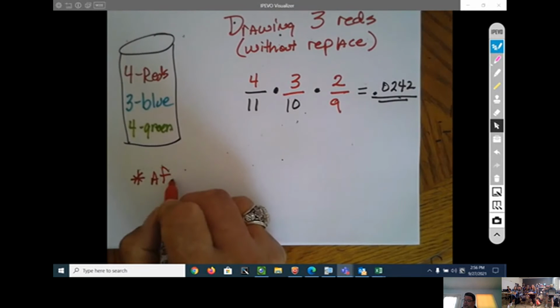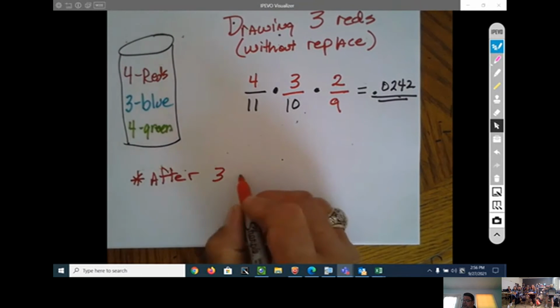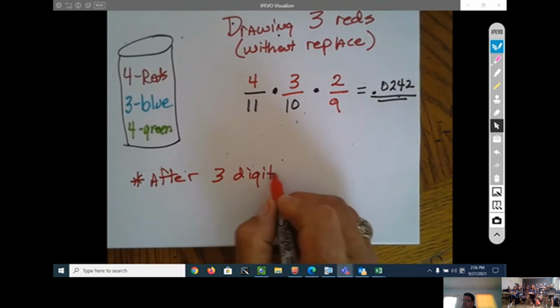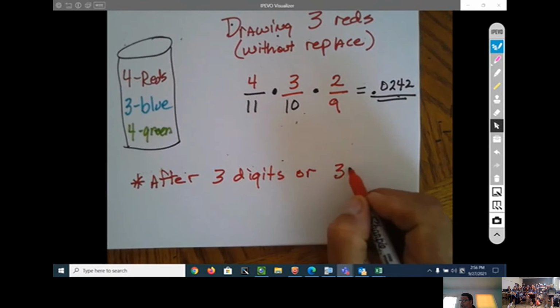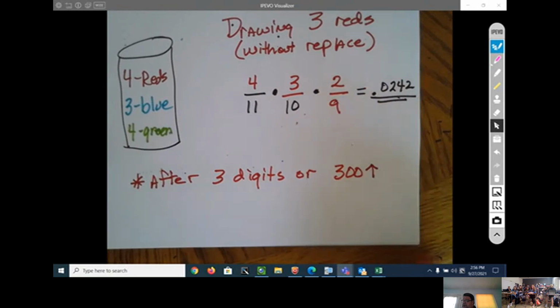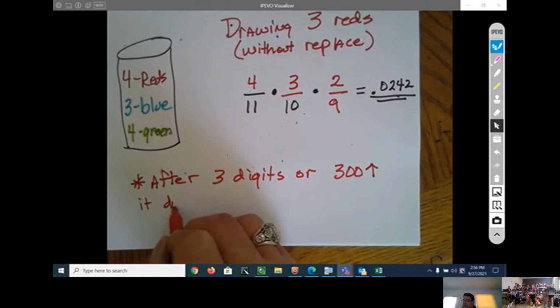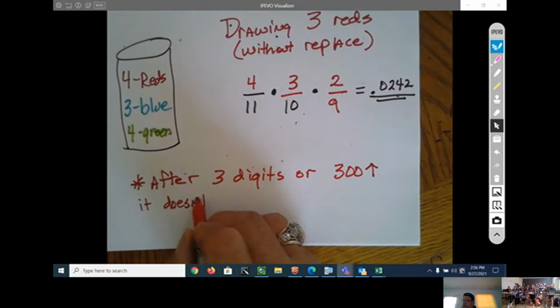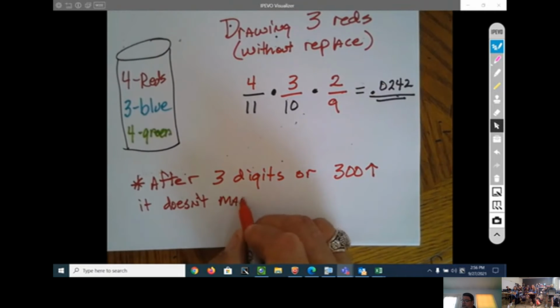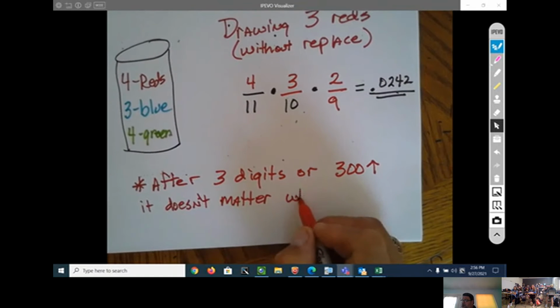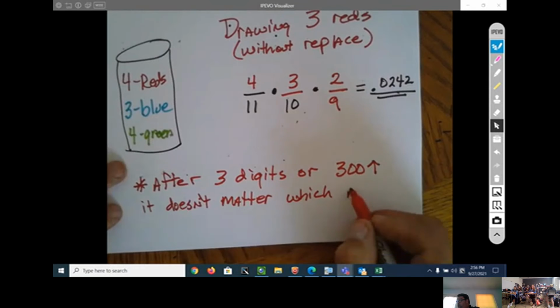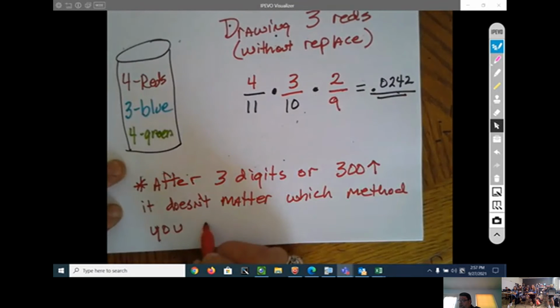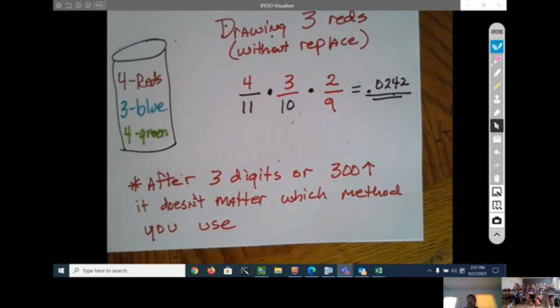After 3 digits, or 300 and above, it doesn't matter which method you use. Write that down. After 3 digits or 300, in other words, 307.